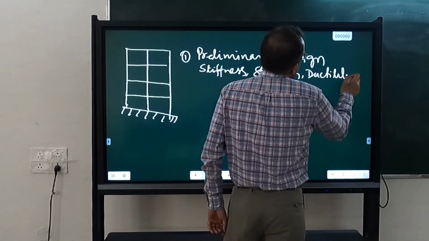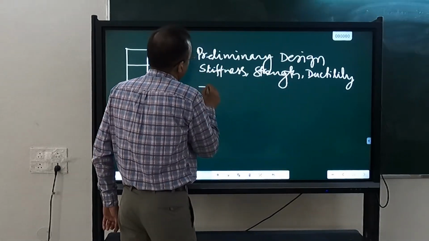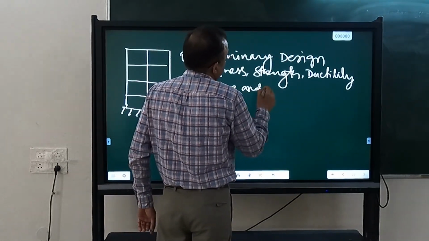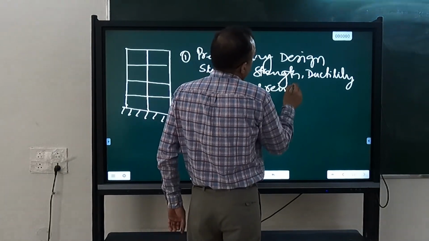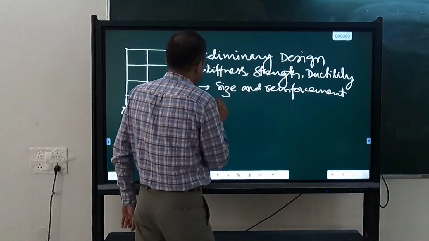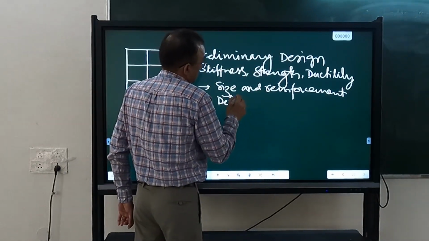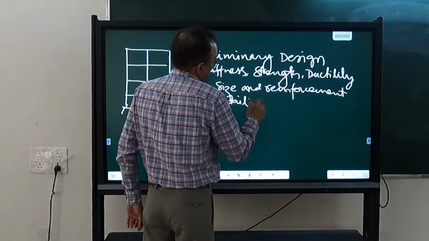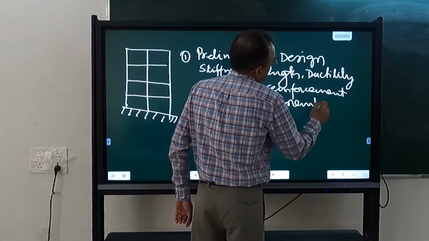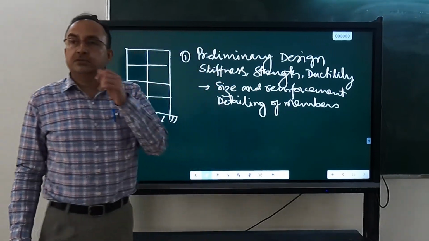How will it be obtained? That you require size and reinforcement detailing of members. Then only you can perform nonlinear analysis.